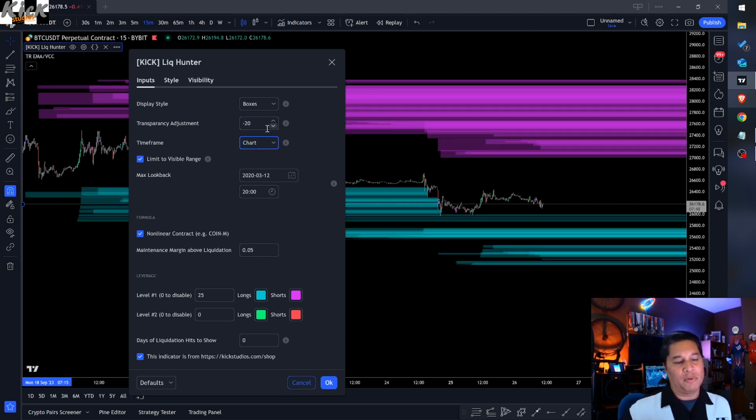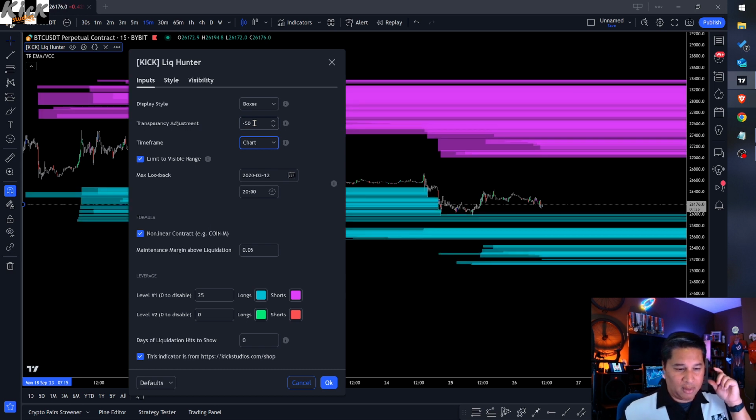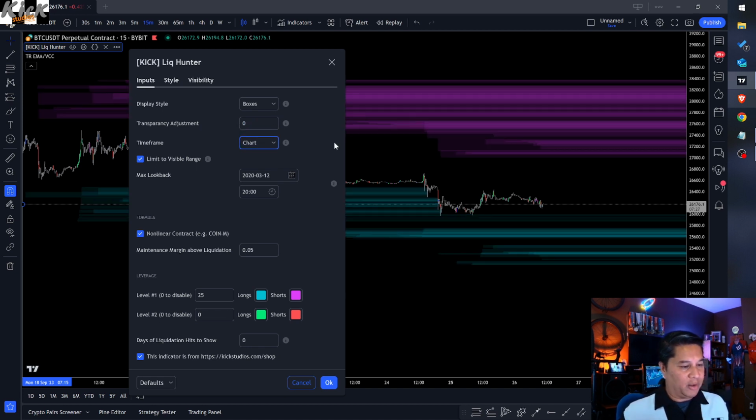And you can go the opposite way too, although going upwards, I think once you reach about 10 or 15, they'll be pretty much invisible. Going in the other direction, you could probably go down to like -50 before they're fully bright, not transparent at all, maybe even more. So it's just a way of adjusting the transparency.